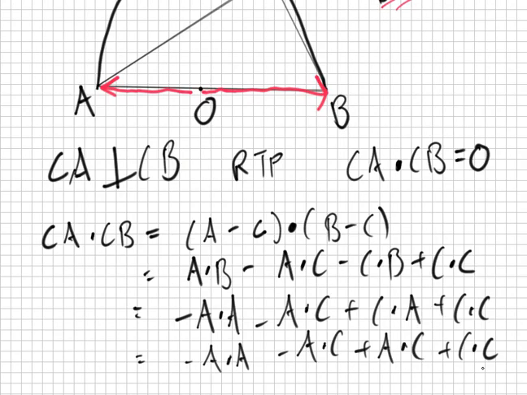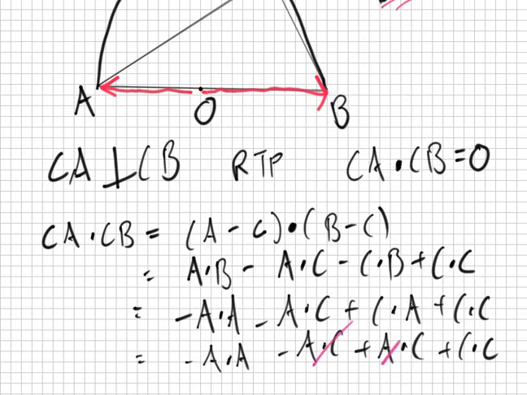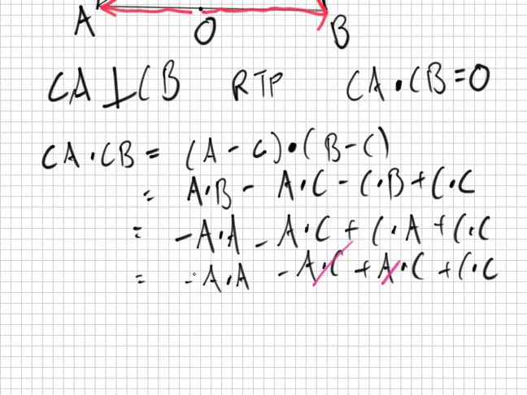Now you can see in the middle two terms cancel. This would be minus magnitude of A squared plus magnitude of C squared.